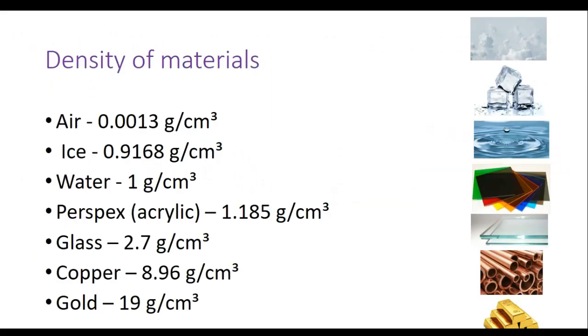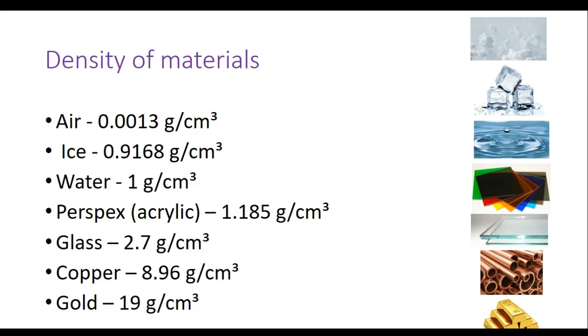Having a look at the density of these materials, having a look at the numbers then, we can compare the densities of these materials. So air has a very, very low density at 0.0013 grams per centimetres cubed.